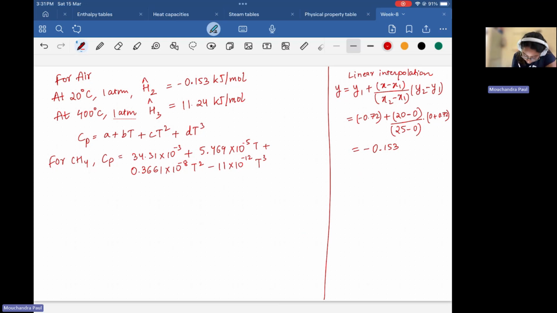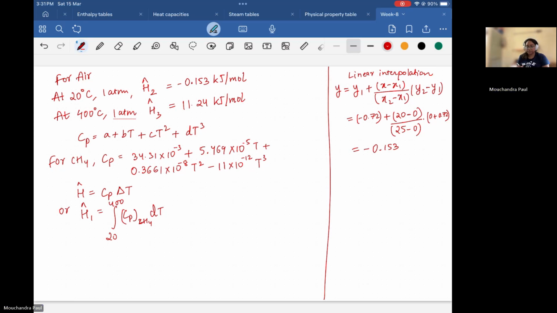And you know H is equal to the integral of Cp dT, or H1 is equal to the integral from initial 20 to 400 final.